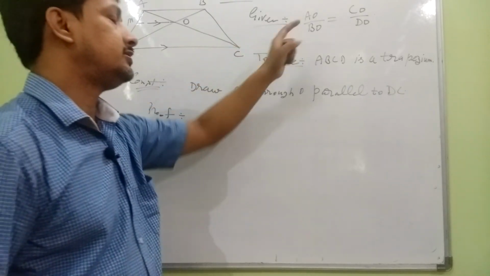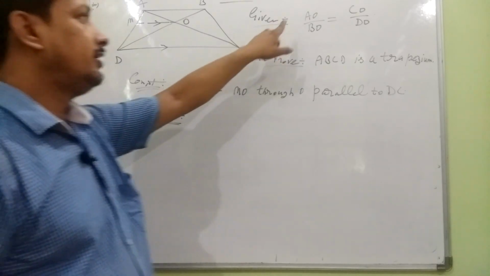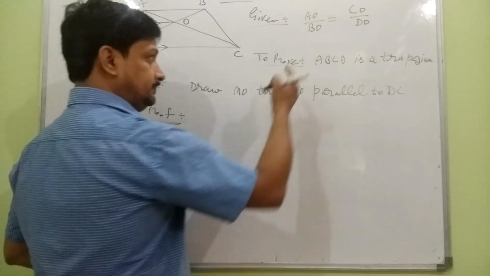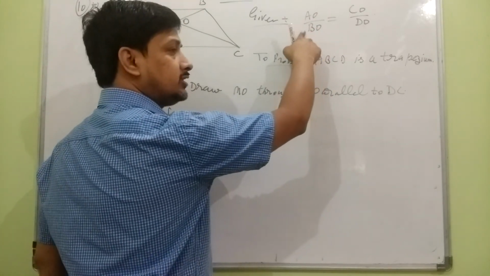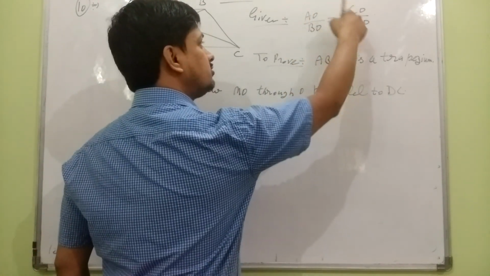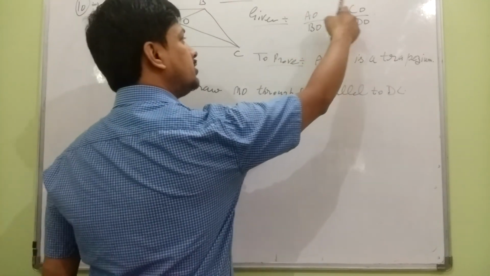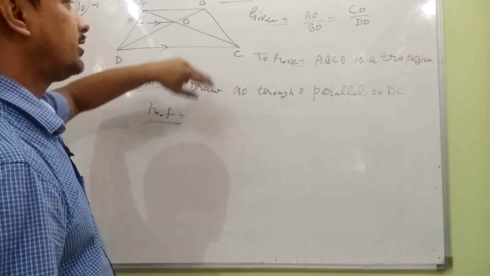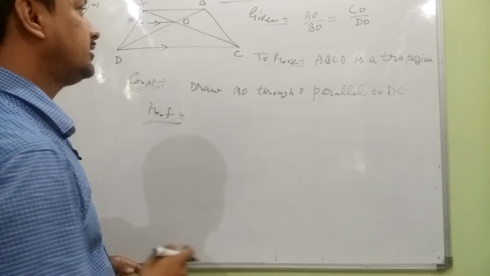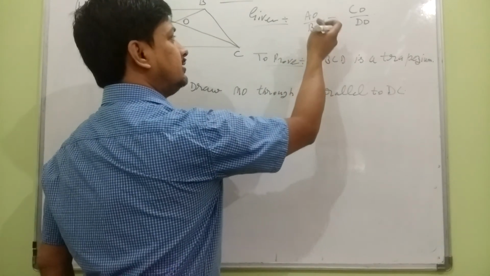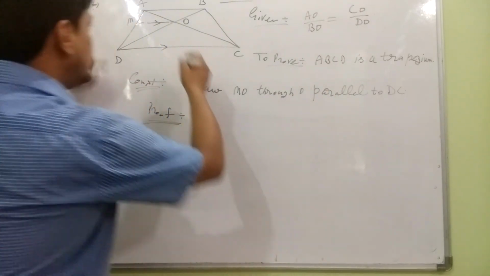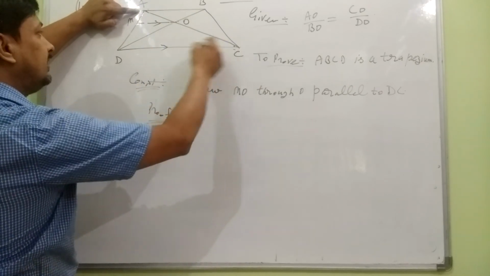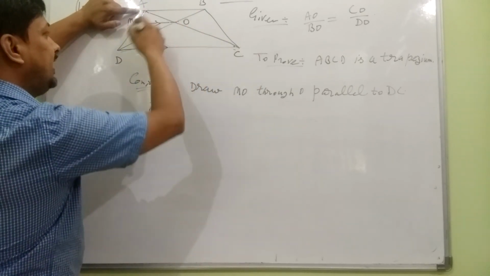We have this result AO upon CO, because they have the relation of division. We know AO upon BO is not a considerable relation, so we are saying here AO upon CO. So AO upon CO is in triangle ADC.